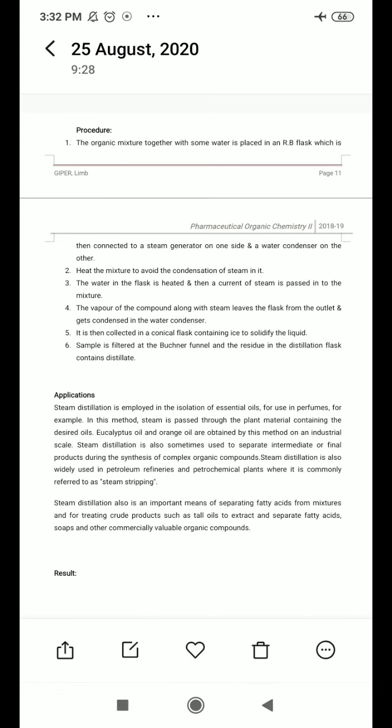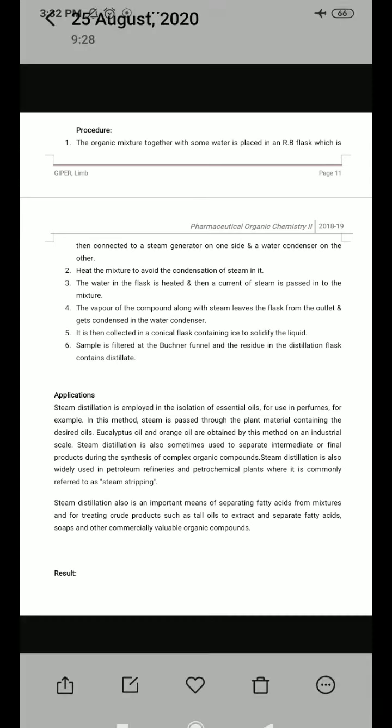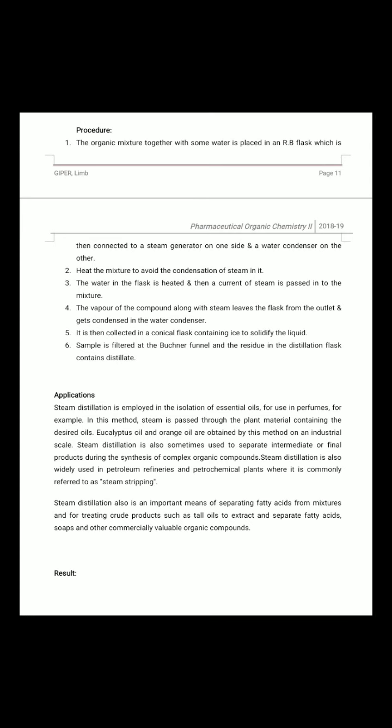Applications: some applications are given, meaning which types of organic compounds can be separated using the steam distillation process. First, steam distillation is employed in the isolation of essential oils for use in perfumes. In this method, steam is passed through the plant material containing the desired oils.